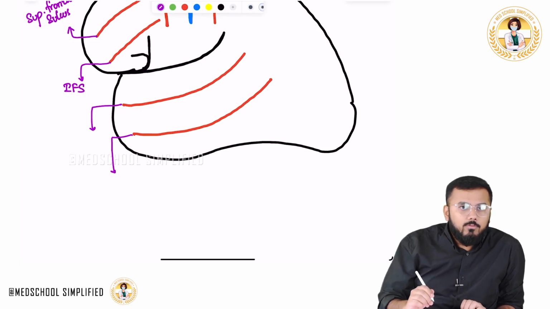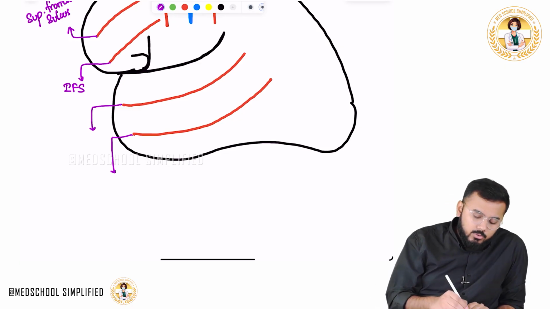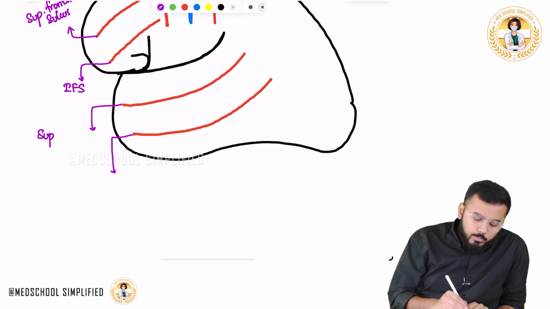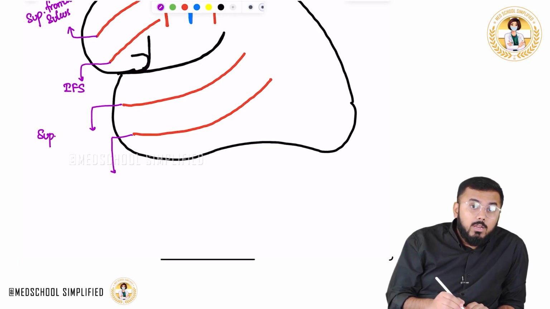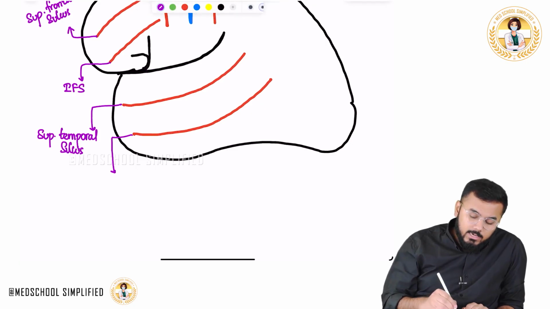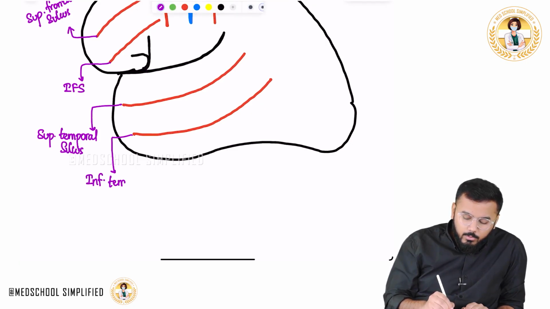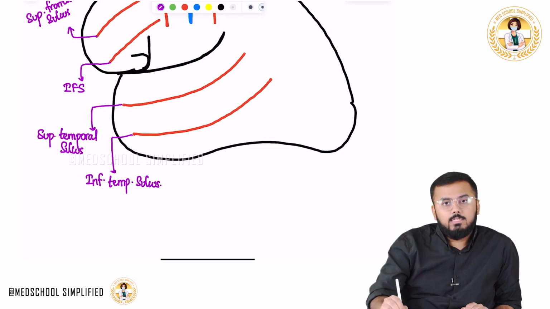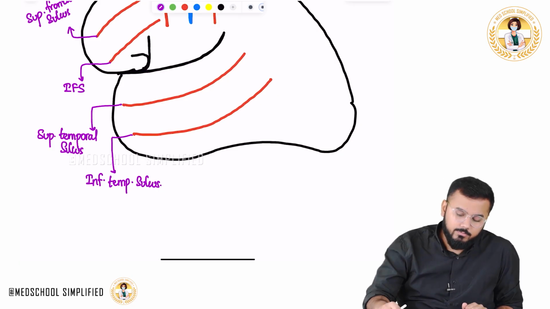The top one should obviously be called superior, so this is the superior temporal sulcus because it is present in the temporal lobe. The next sulcus is the inferior temporal sulcus.